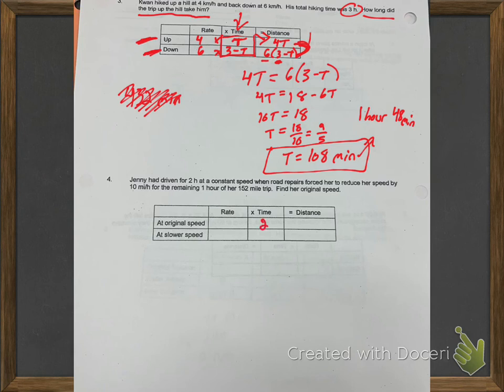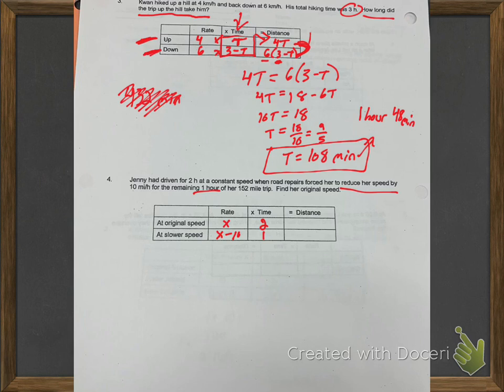And then we know she had to go for 1 hour at a slower speed. Then we don't know what the rate is, but we do know that she has to reduce her speed for 1 hour. So we'd have to put x minus 10, meaning x minus 10 miles an hour.